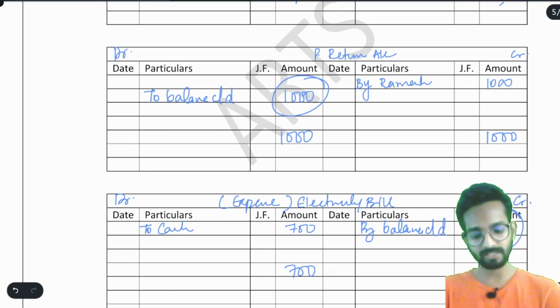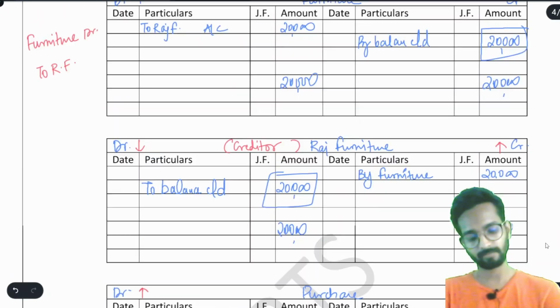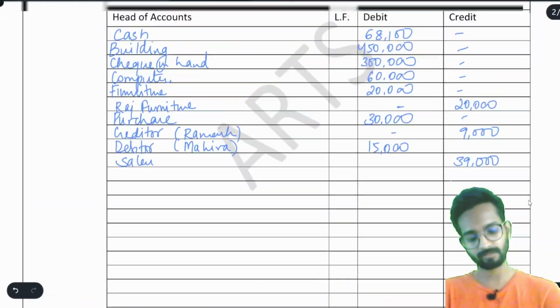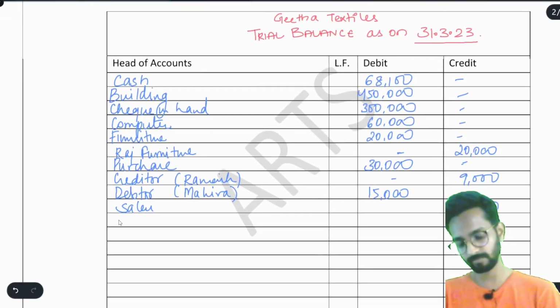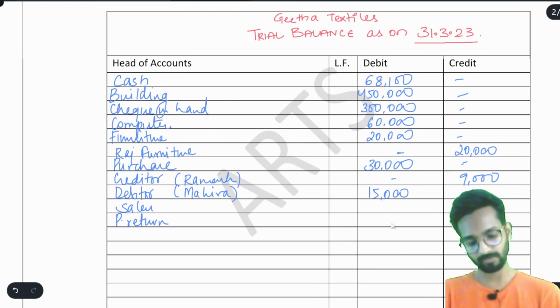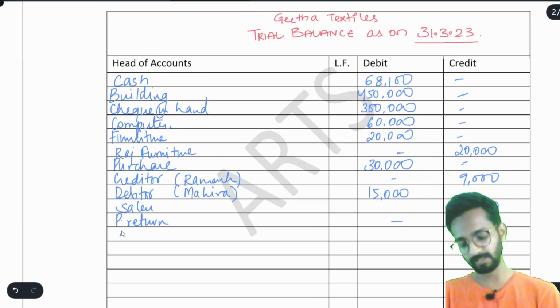Understood? So purchase return 1,000, electricity bill 700. Purchase return 1,000. See, purchase appears on the debit side, so purchase return will be on the credit side only.